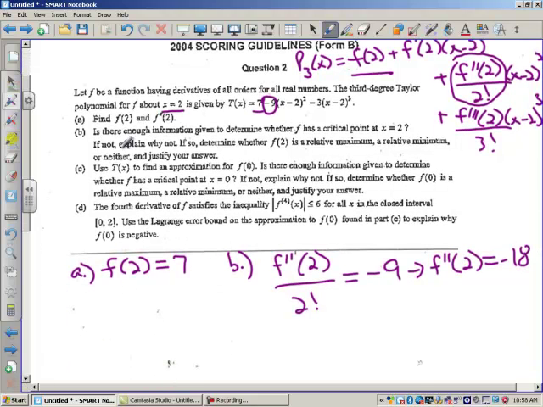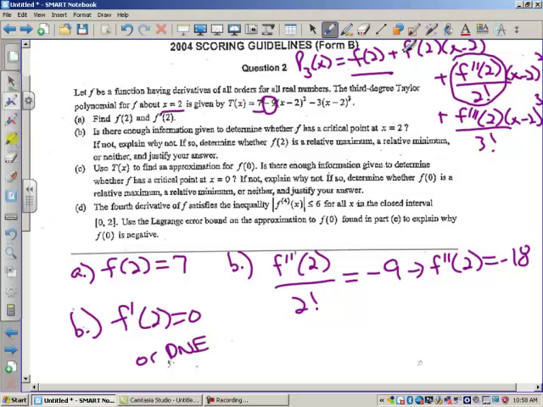All right, B. Is there enough information given to determine whether f has a critical point at x equals 2? If not, explain why not. If so, determine whether f of 2 is a relative max, a relative min, or neither, and justify your answer. Well, for a critical point, we need f prime of 2 to equal 0 or be undefined.